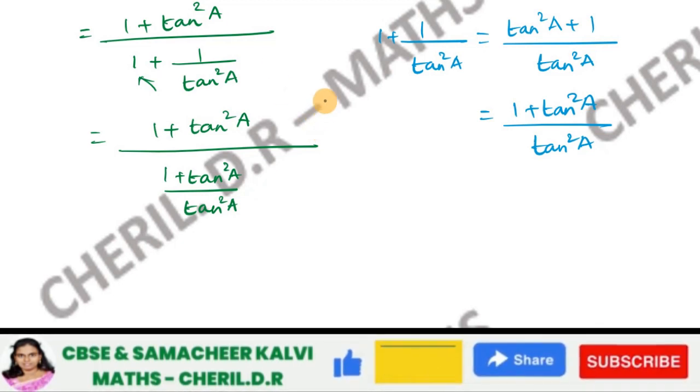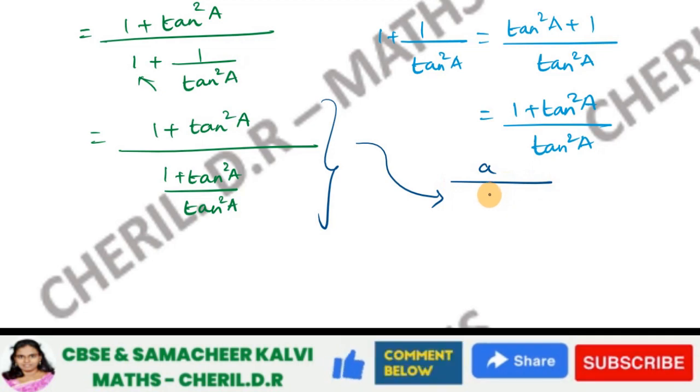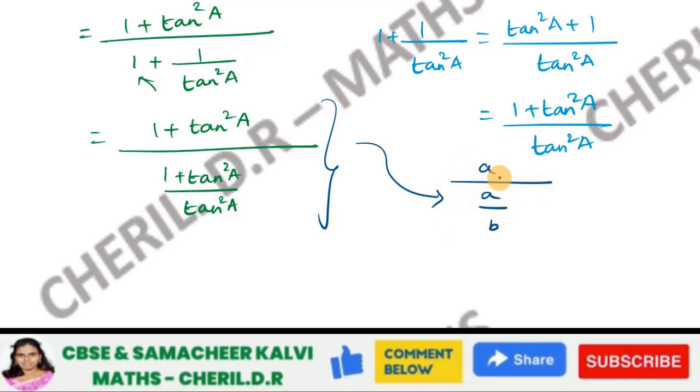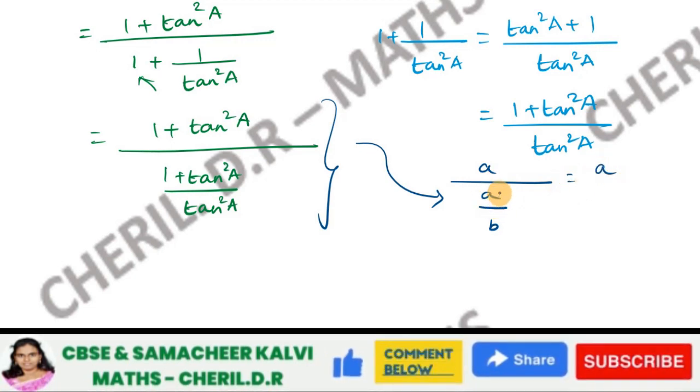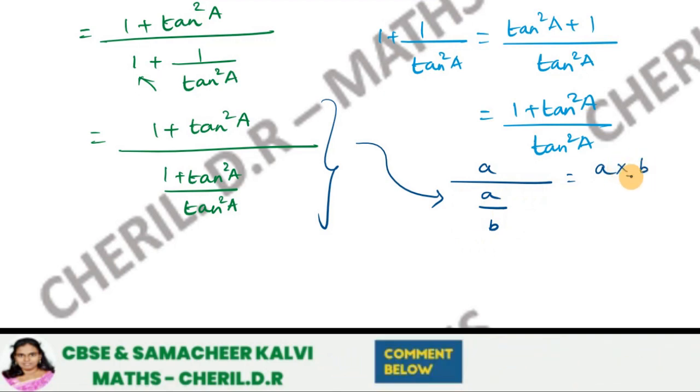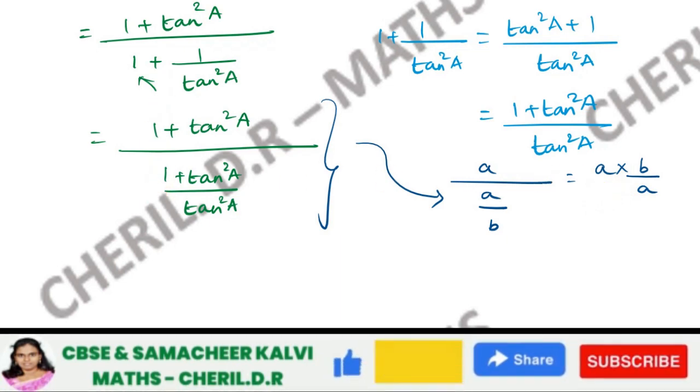Here I can consider it to be A divided by A by B. Can you see? Yes. So in that case, we have this down in the denominator. So how can we write it? When bringing it to the numerator, this will become A into B by A. Am I right? Yes.